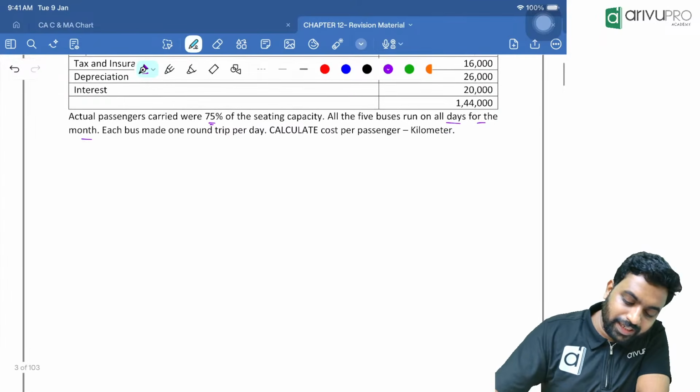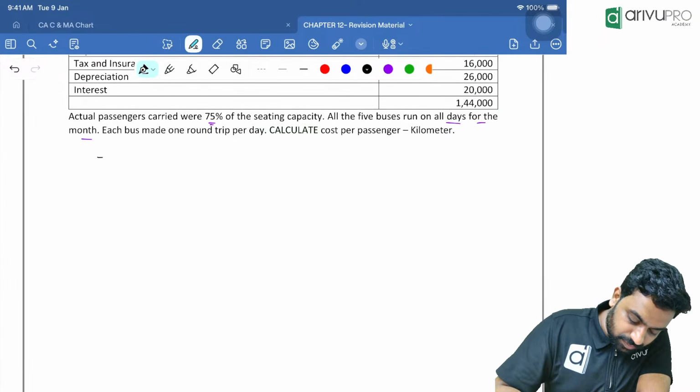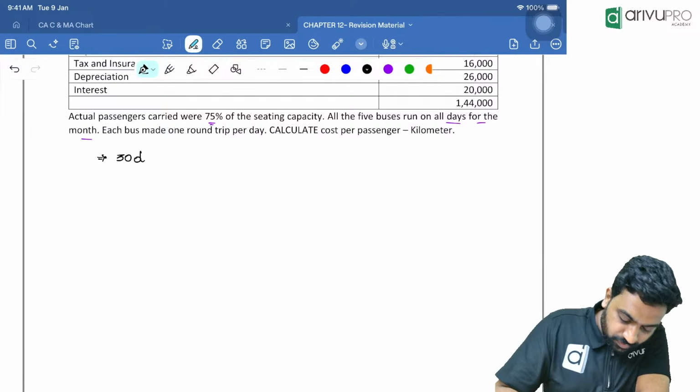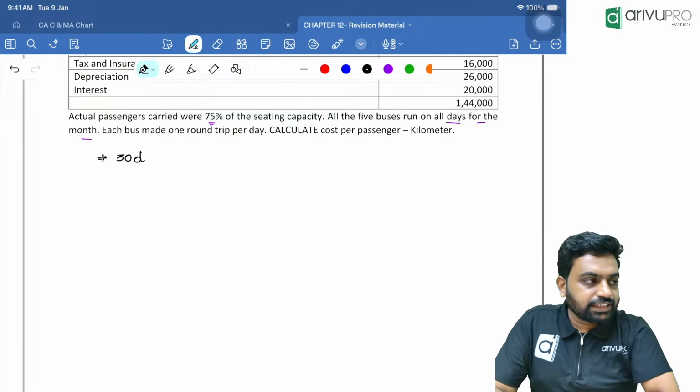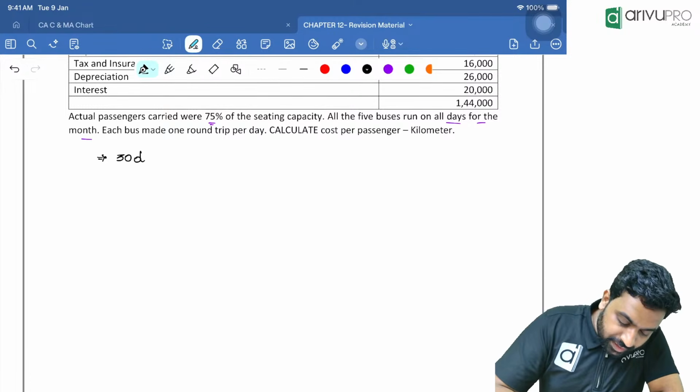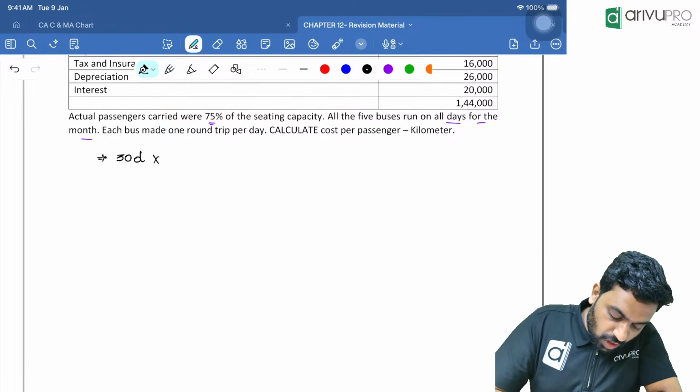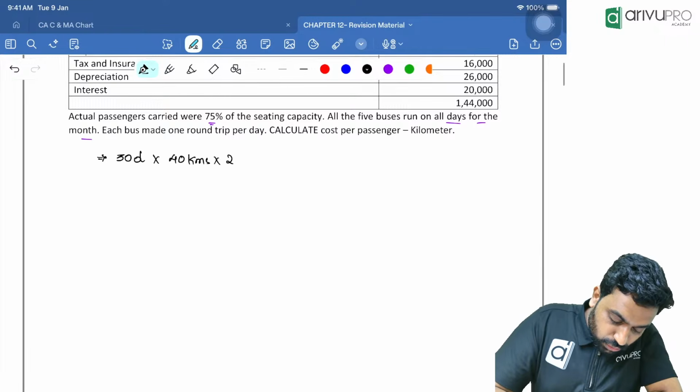Now, let me determine the denominator first. First, 30 days. Right? 30 days, bus will do 1 round trip. Or you can say, bus will travel 40 kilometers 2 times a day.